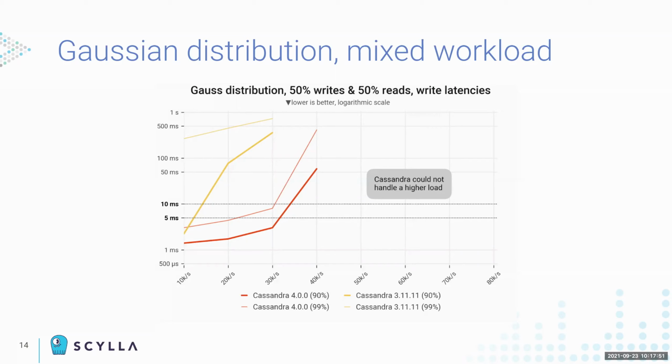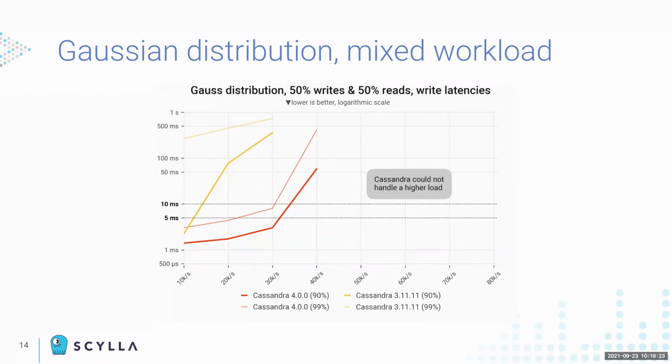We measured the latency at different throughputs, but of course we had to choose certain points at which we measured the latency numbers. So when a line ends at some point, that means that the database couldn't handle the larger load. It would not achieve this throughput, or maybe the latencies would be very high, above 1 second.